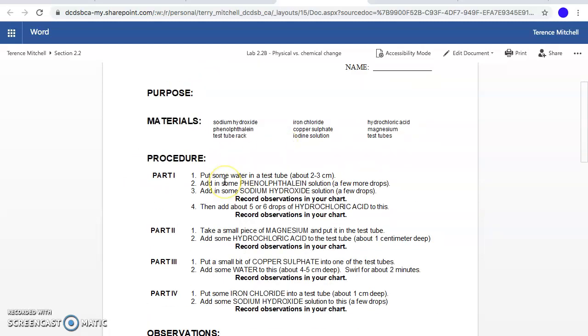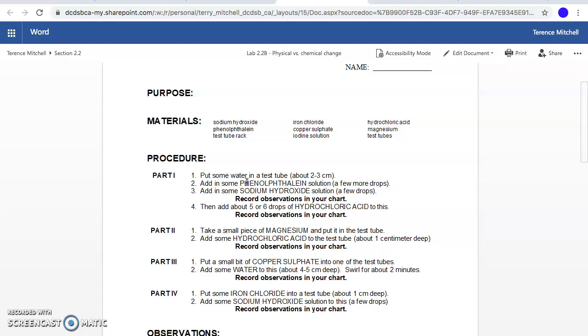So in part one, you'll actually see that the person in the video, I believe, put some sodium hydroxide into a test tube. It's a clear, colorless liquid. It looks like water. And then they'll add some phenolphthalein to it. And a change is going to take place. Is that a physical change or a chemical change?